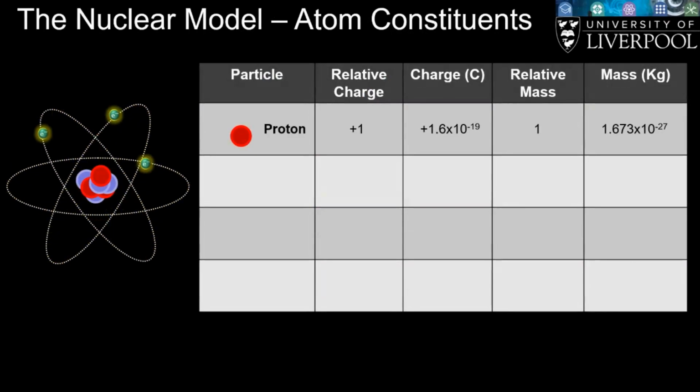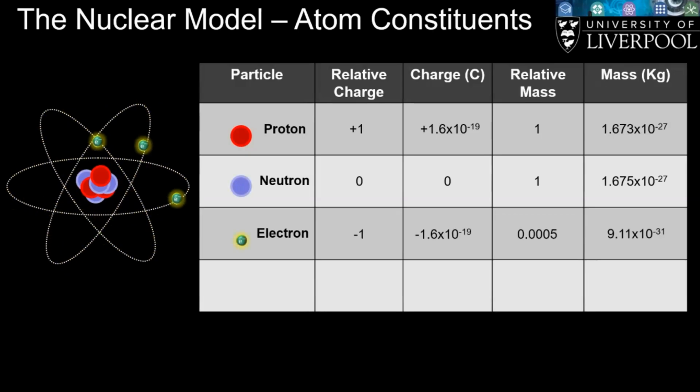Its relative mass of 1 converts to an actual mass in kilograms of 1.673 times 10 to the power of -27. A neutron has no charge, and its relative mass of 1 converts to an actual mass slightly different from that of the proton, 1.675 times 10 to the power of -27.